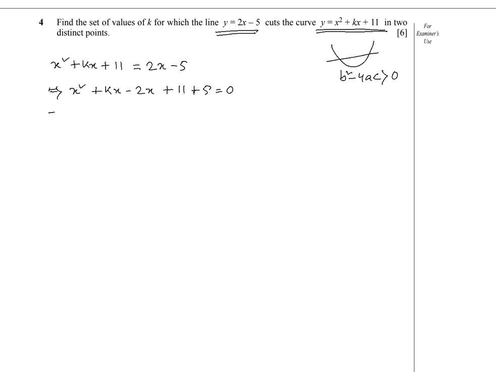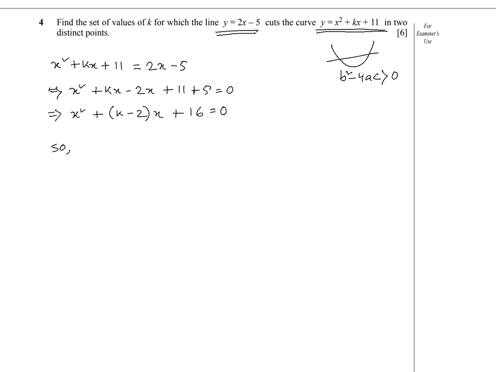So let's continue. We can write here x squared plus (k minus 2) times x, and 11 plus 5 is 16. So plus 16 equals 0. So we have expressed that equation in the form of ax squared plus bx plus c equals 0.